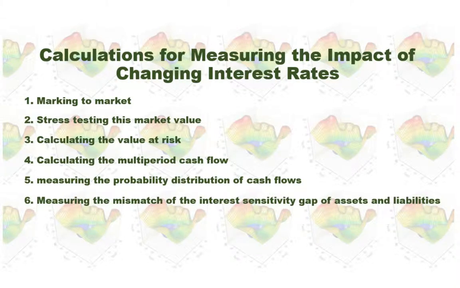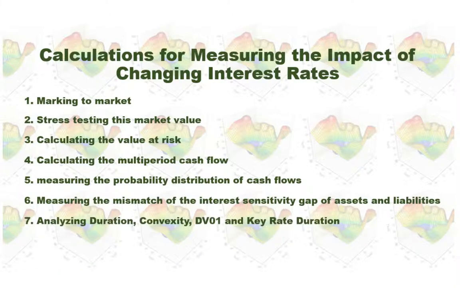Measuring the mismatch of the interest sensitivity gap of assets and liabilities by classifying each asset and liability by the timing of interest rate reset or maturity, whichever comes first. 7. Analyzing duration, convexity, DV01, and key rate duration.